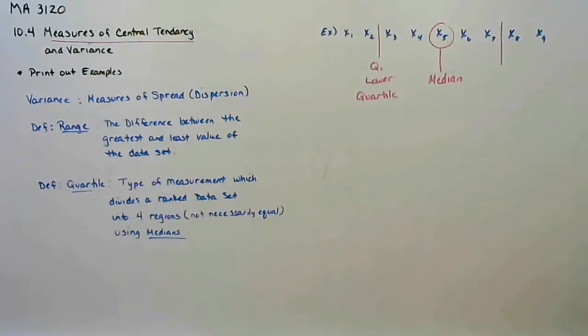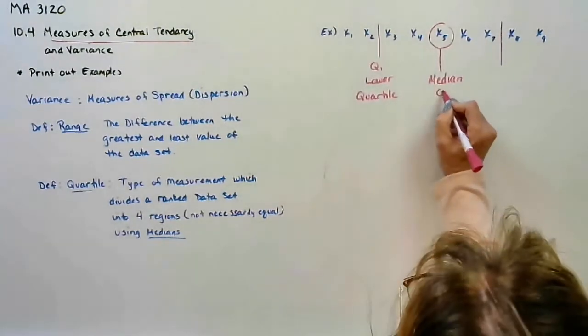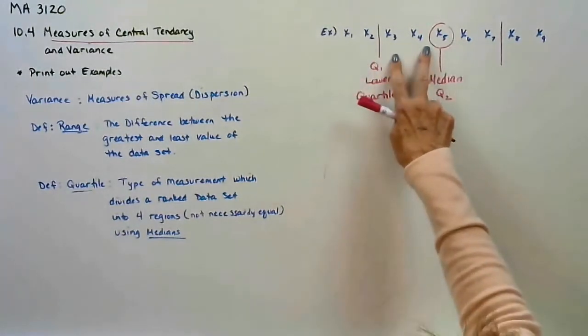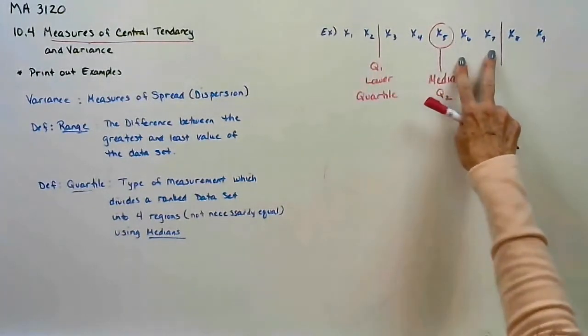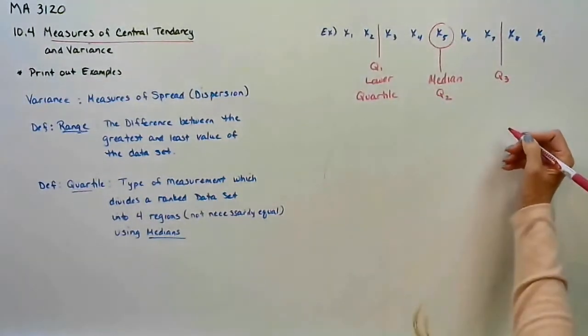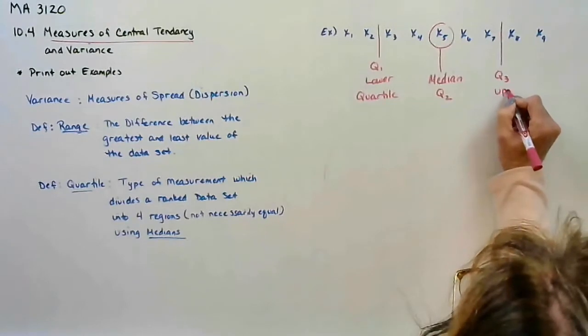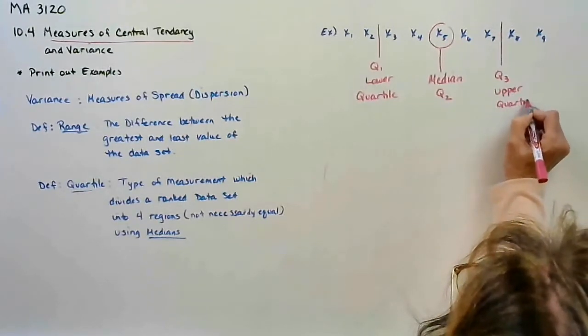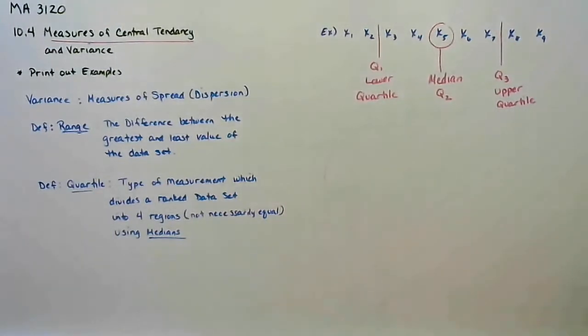Then we have our median, which is our second quartile. Here's 1 quartile, here's 2 quartiles. This third line would be our third quartile, and it's called the upper quartile. And so those 3 lines have divided this into 4 parts.